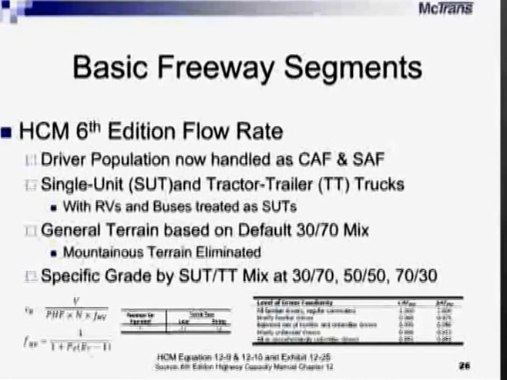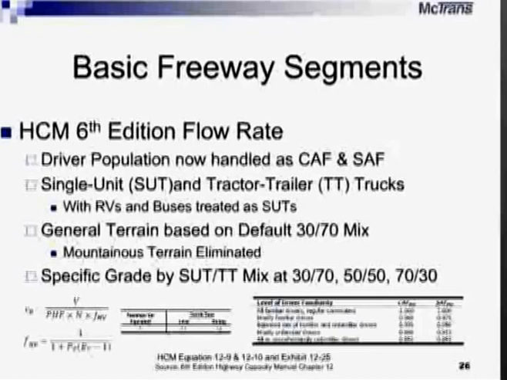Also, we're going to implement this new truck procedure, but I notice the bullet point here is driver population. If you look down at the bottom right, that table provides another capacity and speed adjustment factor for the effects of unfamiliar drivers in the traffic stream. What they did here is change it to speed and capacity adjustments instead of adjusting the flow rate.